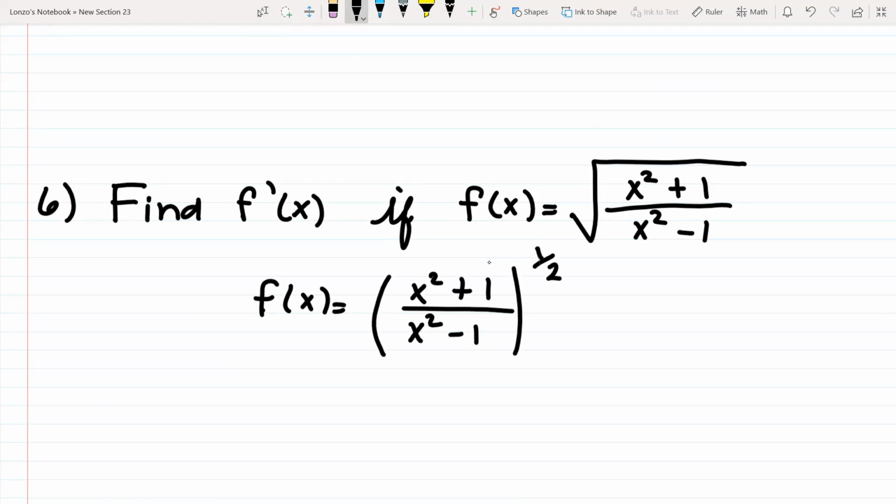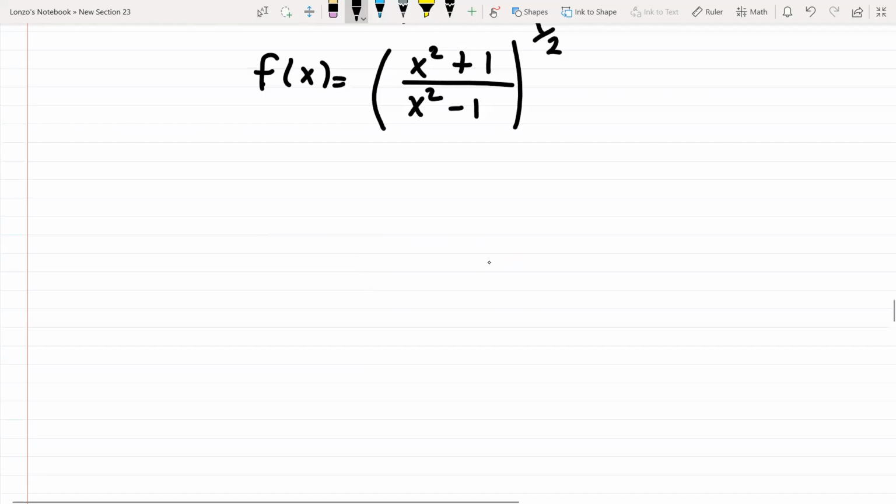And then I'm going to use logarithmic differentiation. You could use power rule and chain rule, but I just think it's more efficient to use log rule.